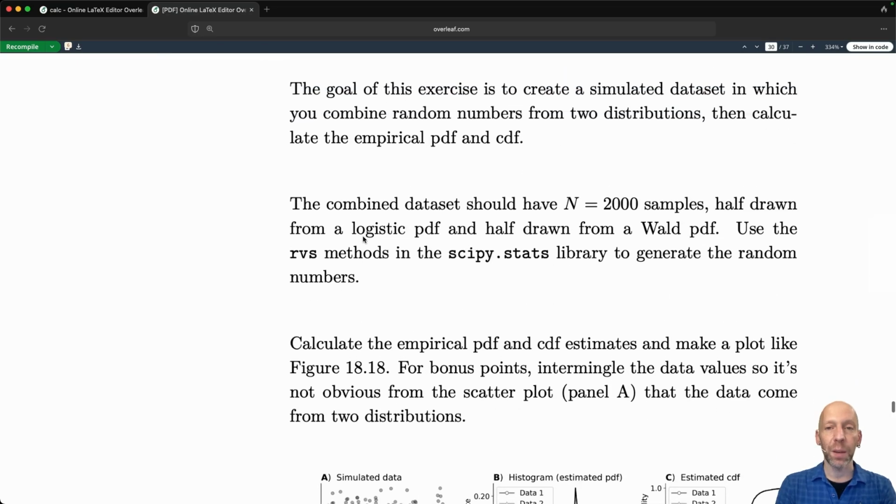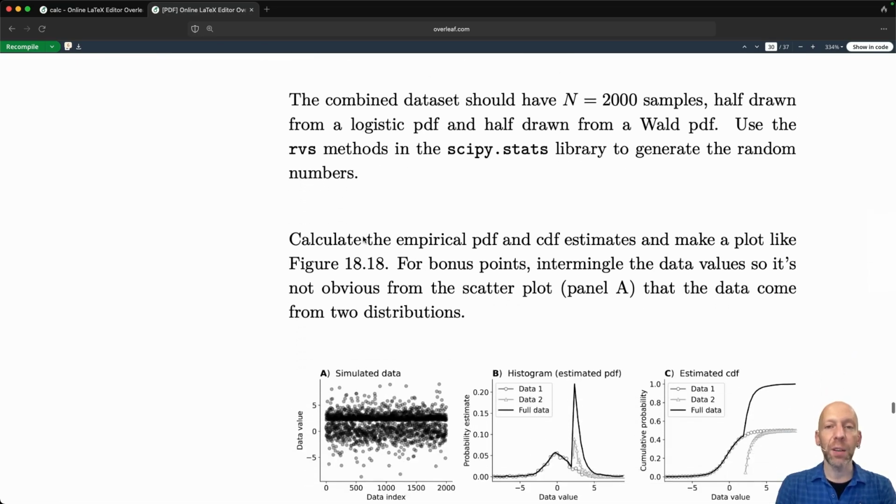In particular, you want to generate some data with 2,000 data points, so 2,000 samples. 1,000 of those samples are drawn from a logistic PDF, and the other half are drawn from a Wald PDF.